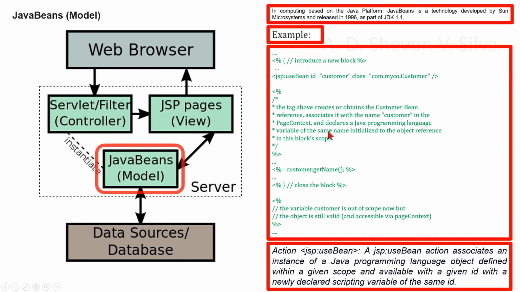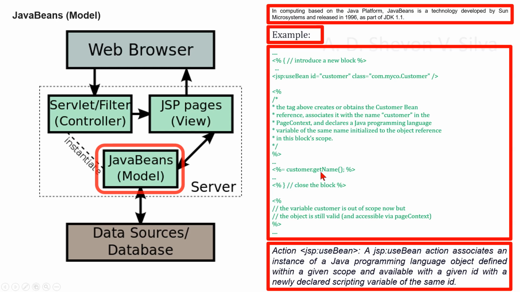Here you can see this introduces a new block, and here the tag above creates or obtains a customer bean reference, associates it with the name customer in the page context, and declares a Java programming language variable of the same name initialized to the object reference in this block scope.